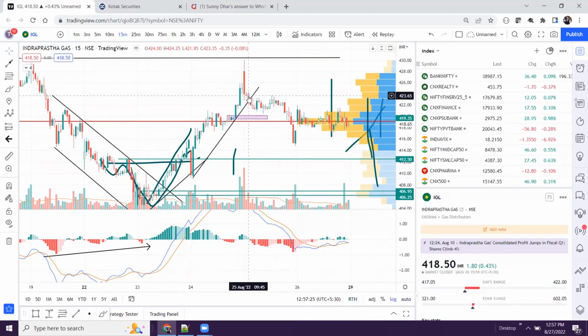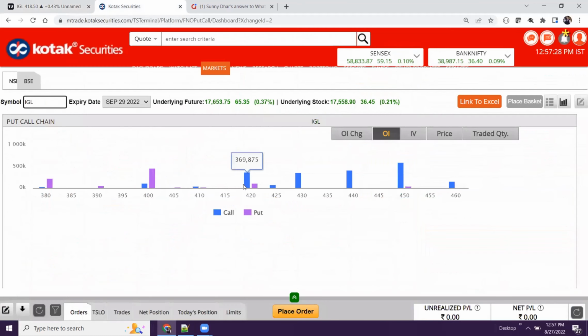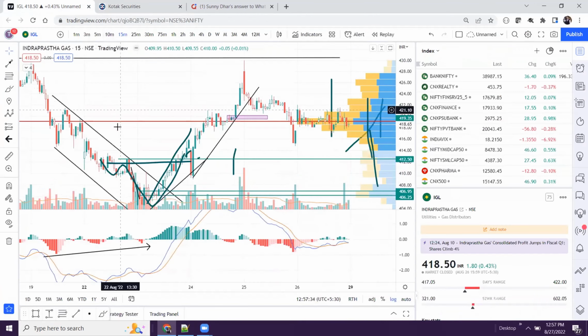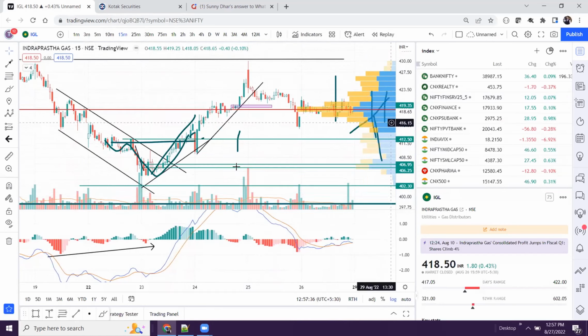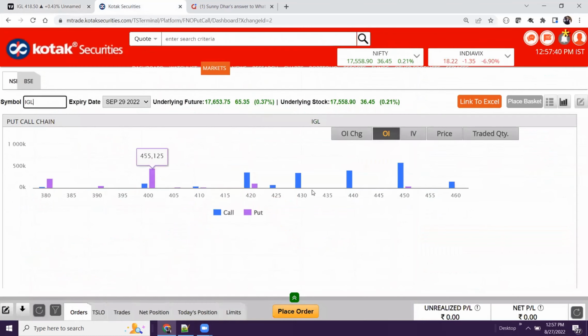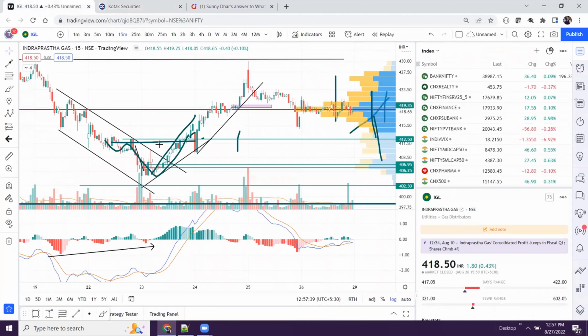As per this data, we cannot hold our trade for too long, because this is basically a range trade, between a lower point and an upper point. As per data, 420 to 430 is the resistance zone, and if you get a good entry in your support zone, you can hold up to the resistance zone.